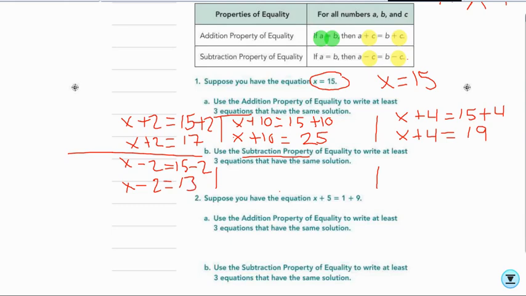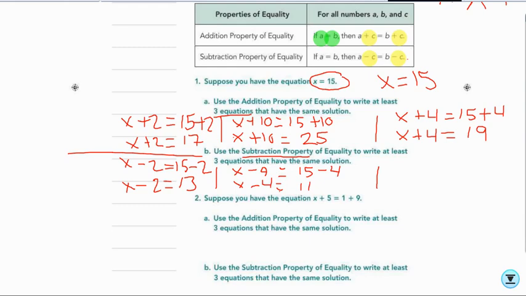For my second one, I could write x minus 4 equals 15 minus 4. And this would be the same as writing x minus 4 equals 11.